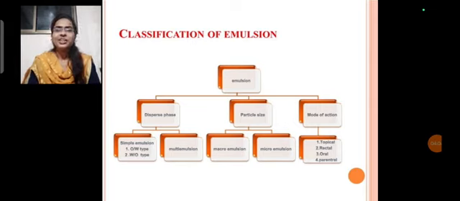According to the particle size, again there are two subclasses. First one is the micro emulsion and second is the macro emulsion. According to the mode of action, there are various types of emulsion. First are the topical, rectal, oral, and parenteral emulsions.